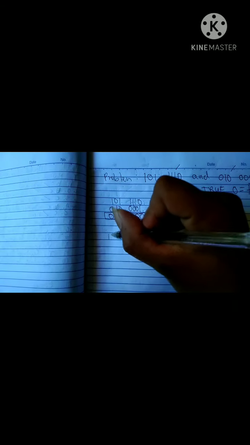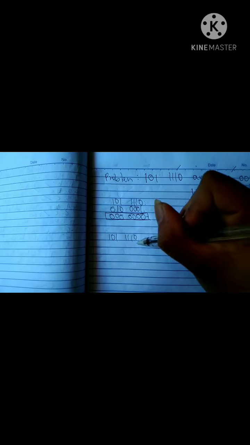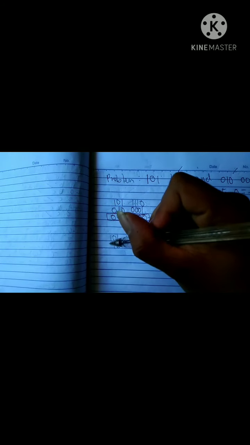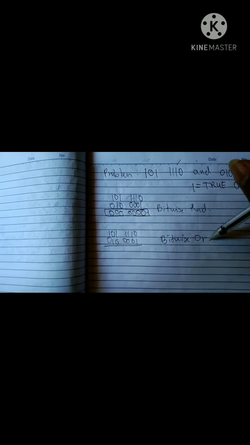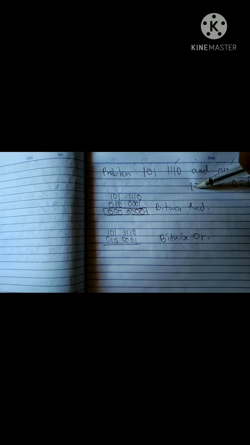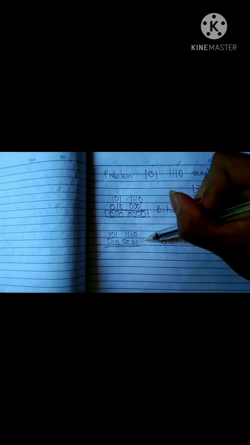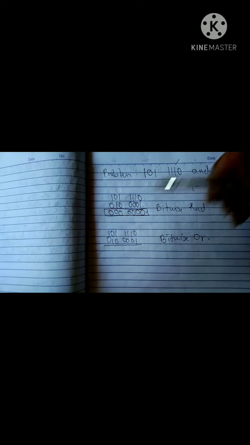So we will copy this one, 1 0 1 1 1 0 1 and 0 1 0 0 0 0 1. In bitwise OR, we can only put 1 if one of these two propositions has a 1 or true value.